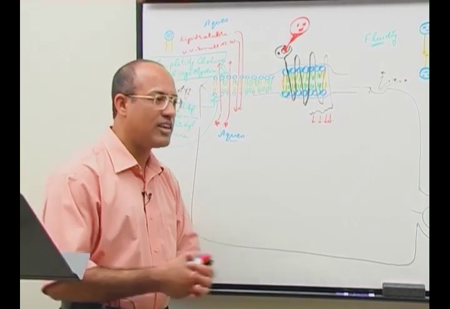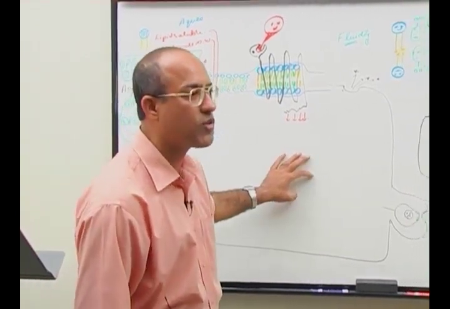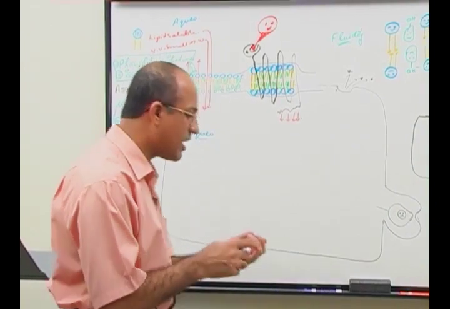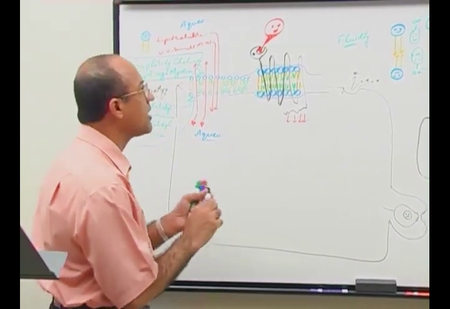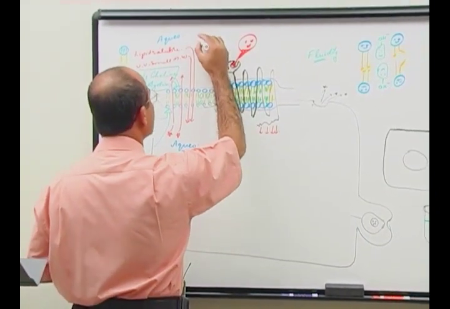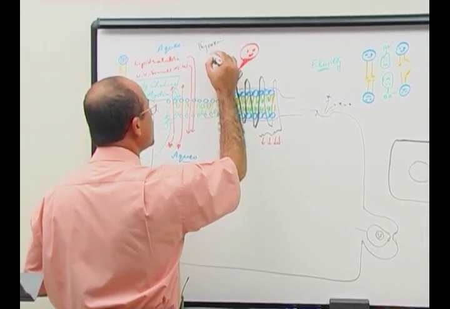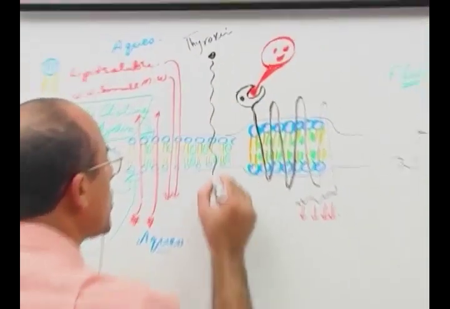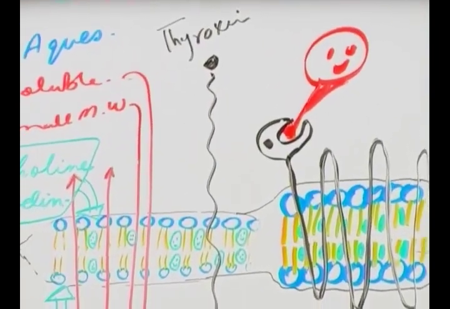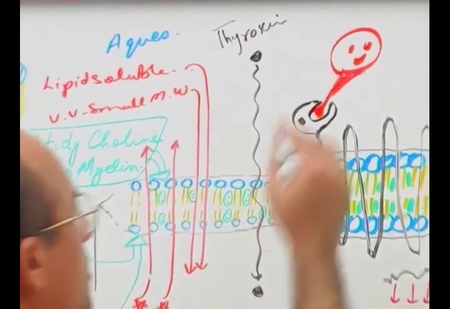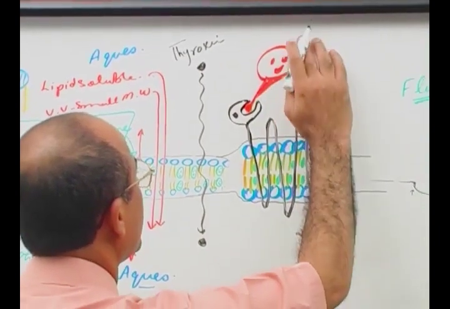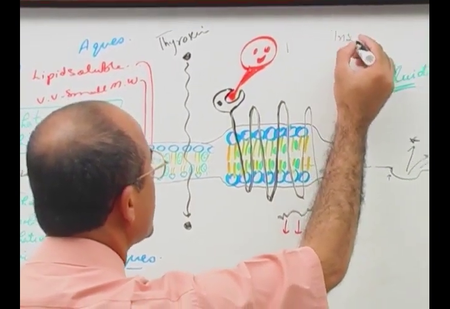Let's suppose this cell is under the influence of two hormones. One hormone molecule is thyroxine. Have you heard of thyroxine? Thyroxine is a very, very small molecule and it can easily go into the cell. Right? Another hormone is insulin.